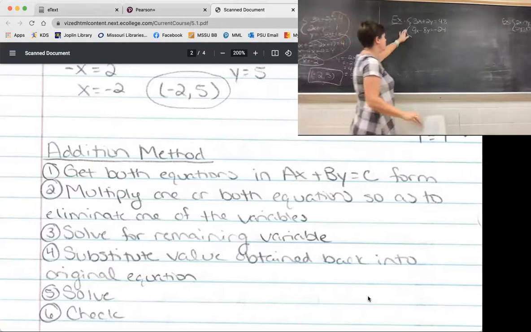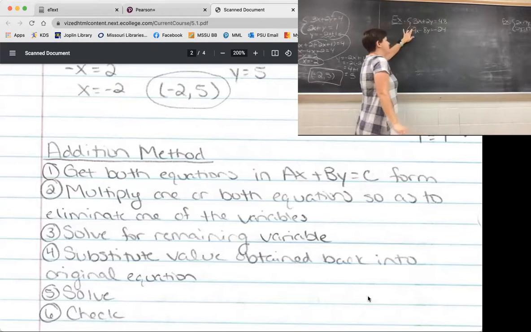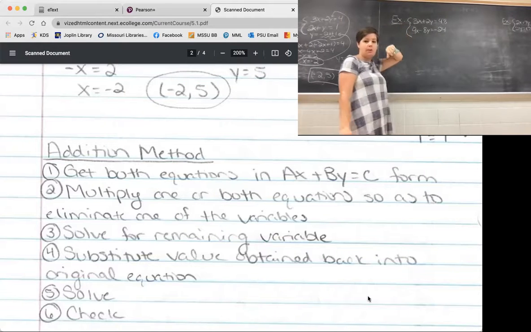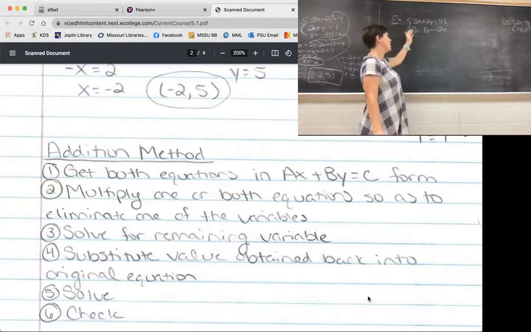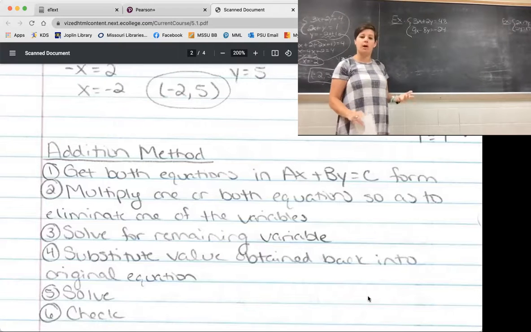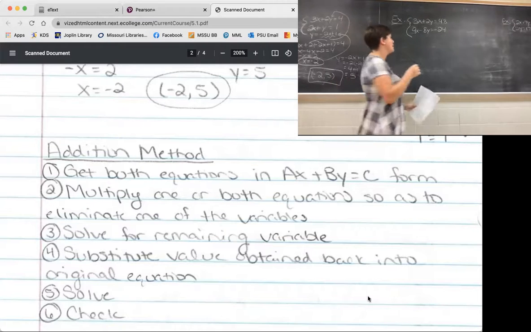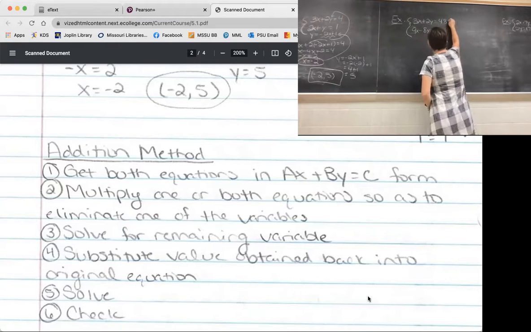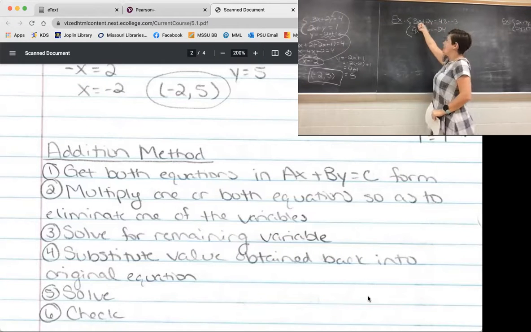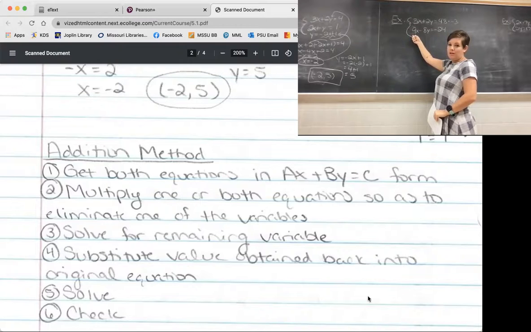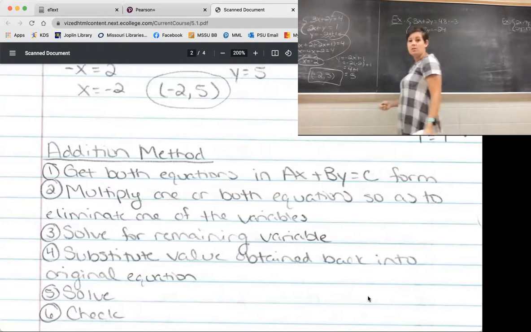So I'm looking at 3x and 9x. Is there something that I can multiply one of these equations by so that if I add 3x and 9x together, that's going to go away? Yes, if I multiply this top equation by -3, that'll give me a minus 9x. And then that's a positive 9x, which means my x's are going to go to 0.